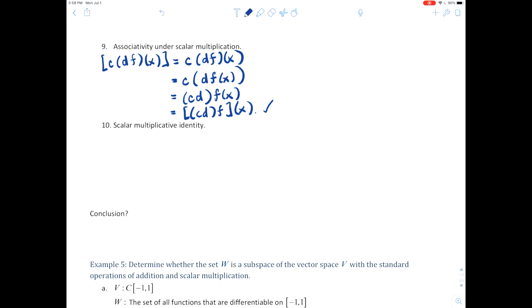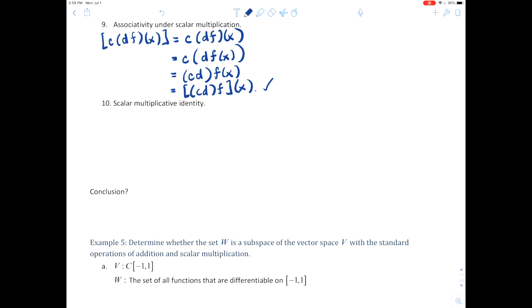Cool, cool? All right, and then scalar multiplicative identity. Well, if we take a look at 1 times f at x, that's going to equal 1, and then times f at x, which is just equal to f at x, so we've shown that.